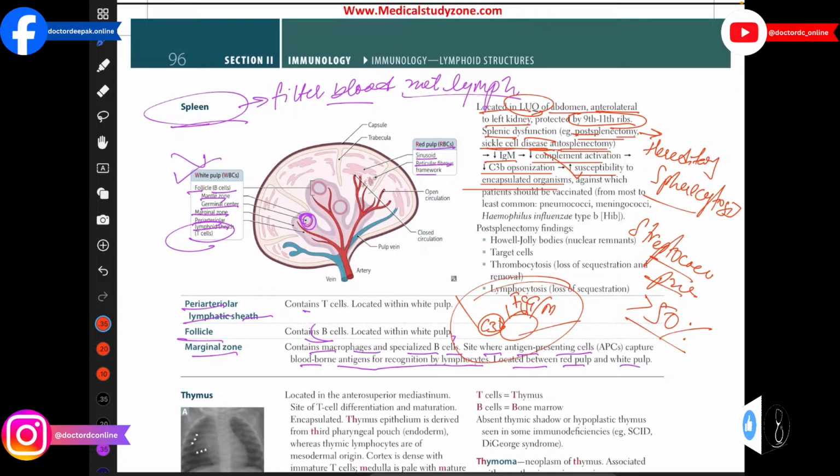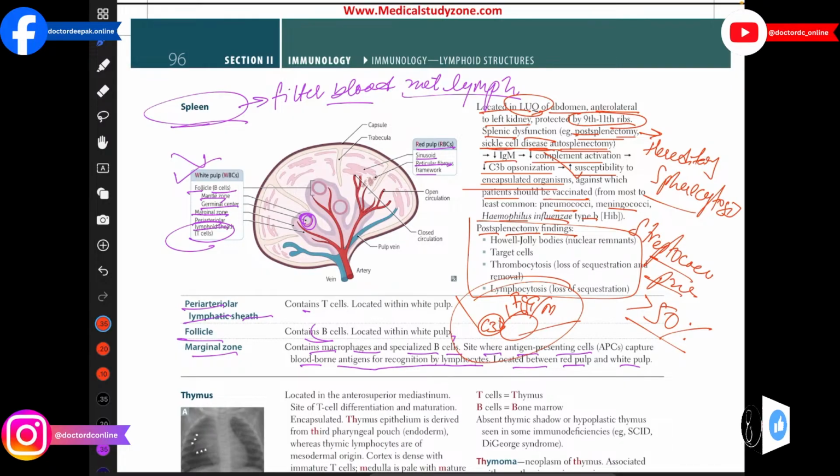For those organisms, we vaccinate patients having splenic dysfunction, mostly against pneumococcus, meningococcus, and Haemophilus influenzae type B. What will you find in the patient after splenectomy?